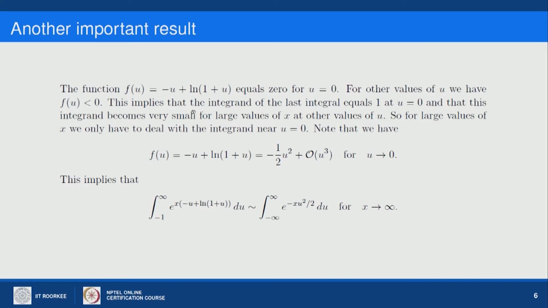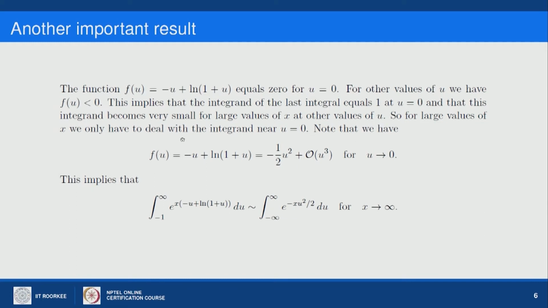This implies that the integrand of the last integral equals 1 at u equals 0, and that this integrand becomes very small for large values of x at other values of u. So, for large values of x we only have to deal with the integrand near u equals 0, because it is very small for other values of u.